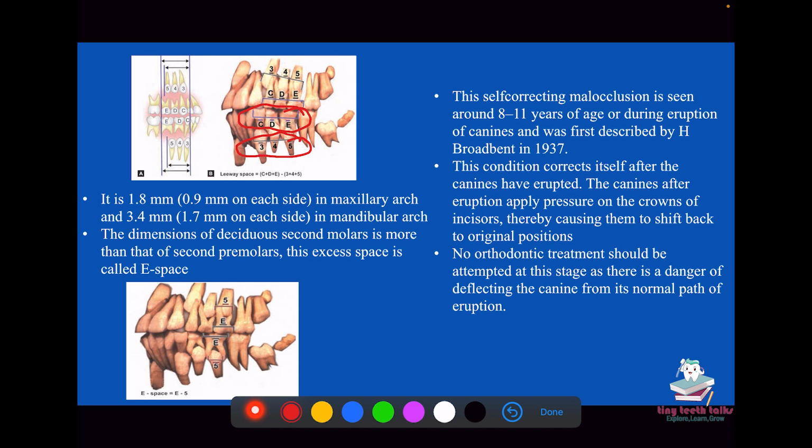It is 1.8 mm, of which 0.9 mm on each side in the maxillary arch, and 3.4 mm, of which 1.7 mm on each side in the mandibular arch. The dimension of deciduous second molar is more than that of the second premolar, so this excess space is called E space.